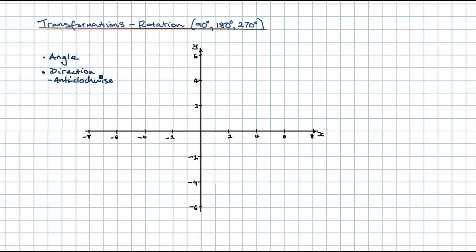And the third parameter is the center of rotation. And what we're doing here, as we're looking at basic rotations, is setting the center at the origin, so 0, 0.